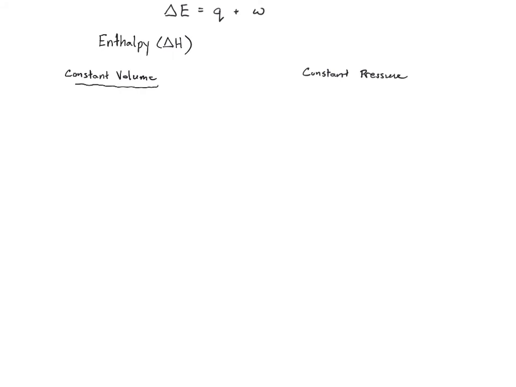When we have a constant volume, that means the volume can't change. So this reaction is taking place in a steel container that will not bend or flex. Because of that, we can say that the change in volume is equal to 0.